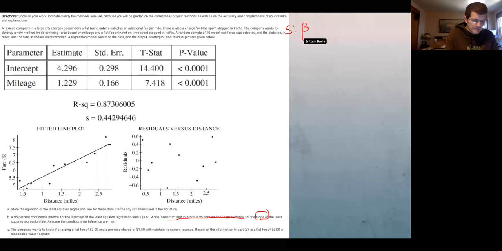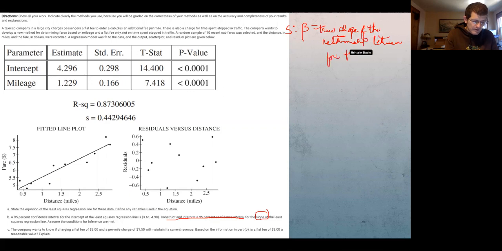I'm estimating, or drawing an inference about, beta, which is the true slope of the relationship between fare and mileage.